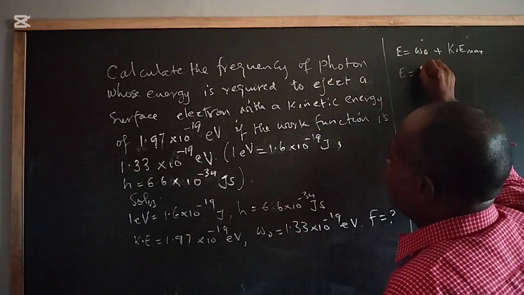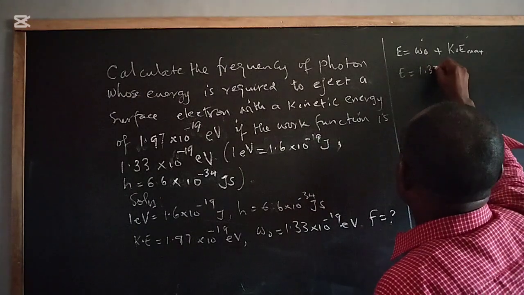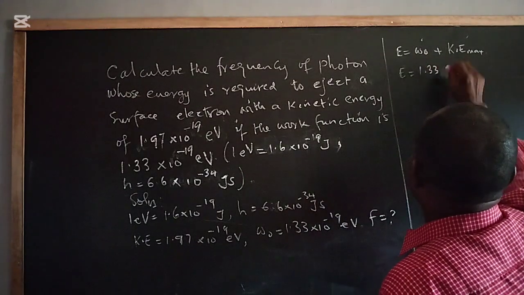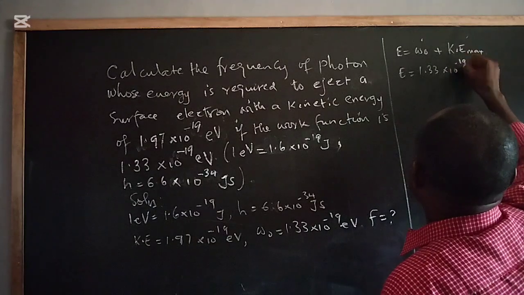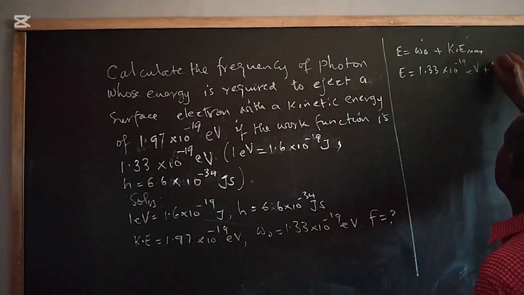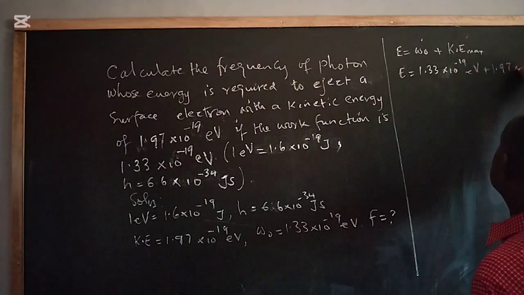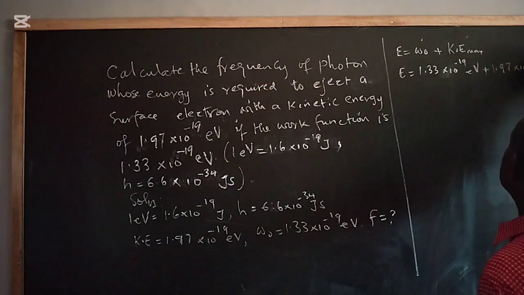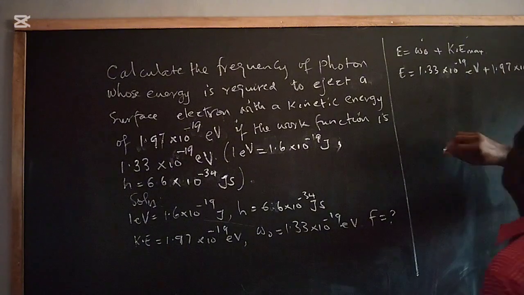We're told that the work function is 1.33 times 10 raised to the power minus 19 electron volts. So we add it to the kinetic energy of 1.97 times 10 raised to the power minus 19 electron volts.